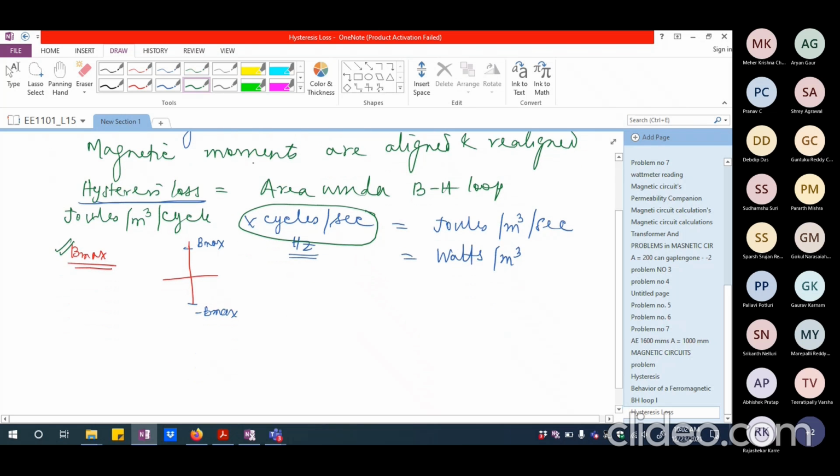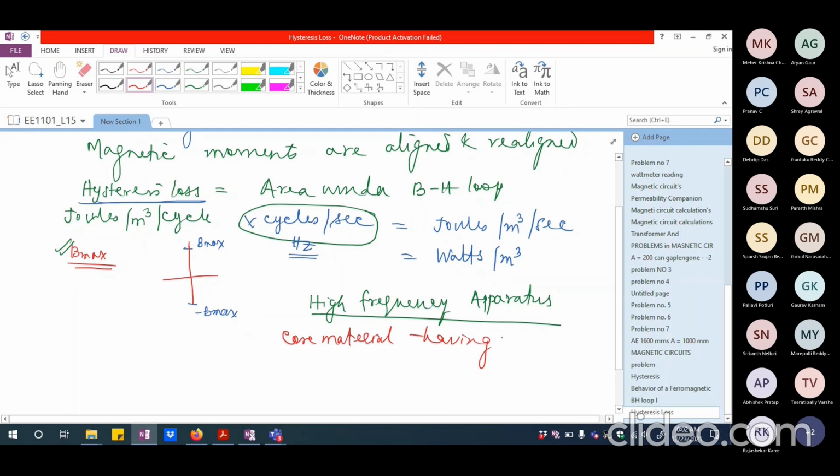That is one reason why, whenever we use a very high frequency apparatus, there are transformers which work on hundreds of kilohertz. So whenever we talk about high frequency apparatus in general, maybe it can be a transformer, maybe it can be an electrical machine, we should use a core material having a very narrow BH loop.